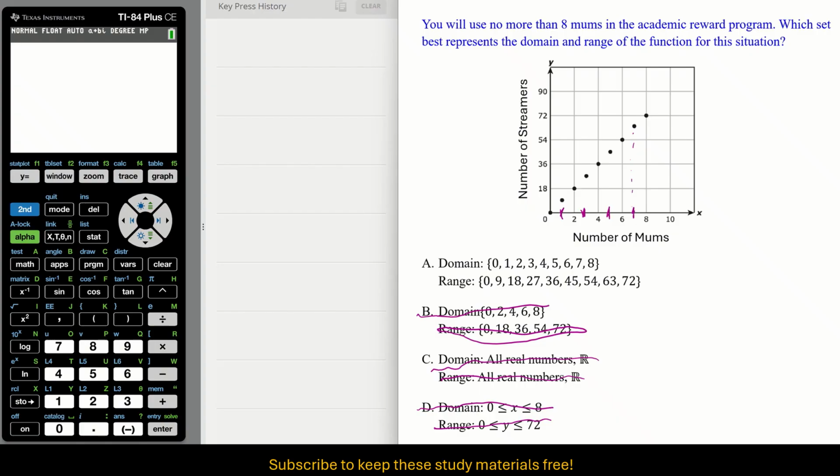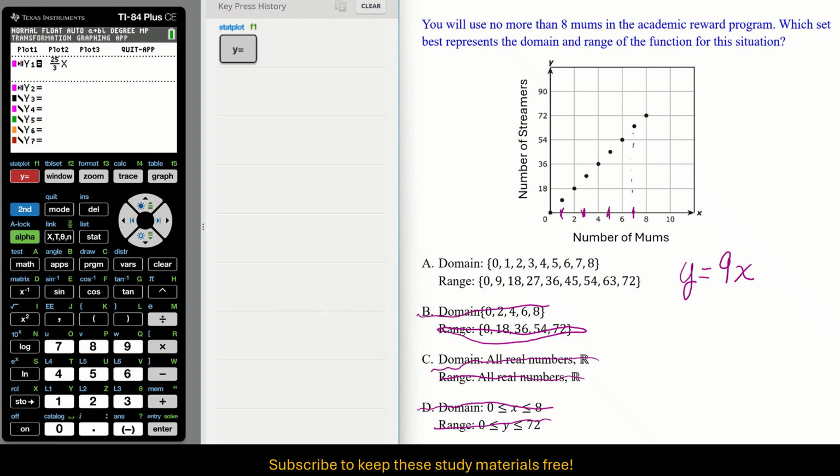We are just showing how to recreate it, and that can be done by making the equation or just creating the table. I don't want to recreate the table. That's just a waste of time. But I do know for each mum, we have a slope of 9, meaning each mum adds on 9 streamers. So that tells me my equation is y equals 9x.